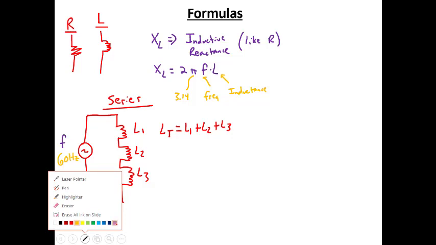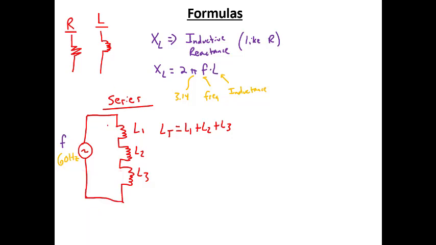So our next formula is that we would have for each one of these inductors an X sub L. So this would be XL1, XL2, and this would be XL3.